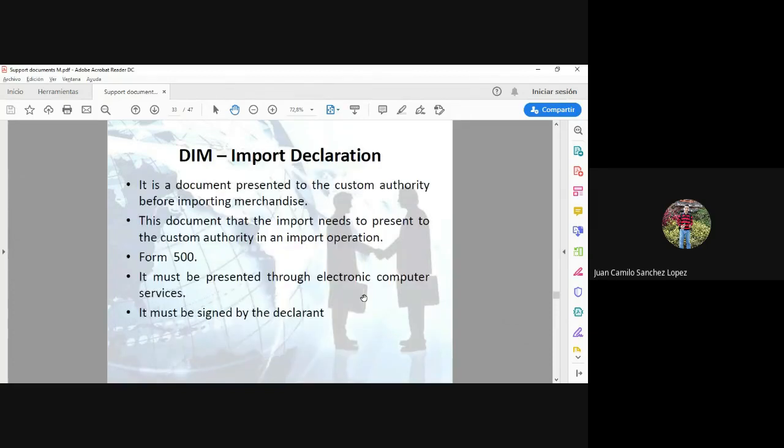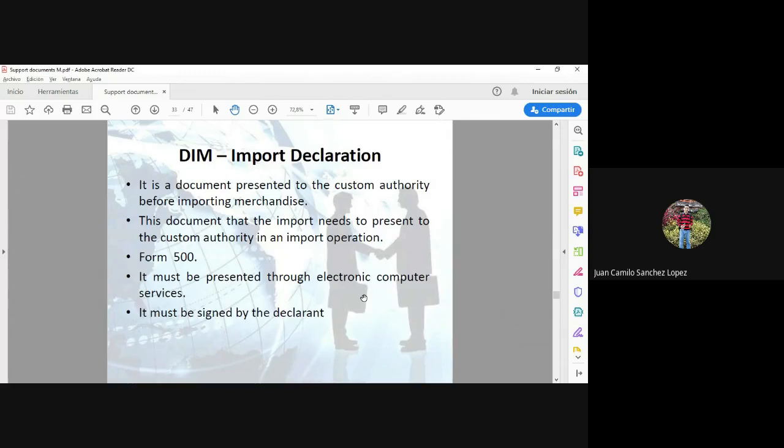This document you have to present and ask for from the customs authority before importing the merchandise. Why before? Because remember, when does the customs obligation in importation begin?